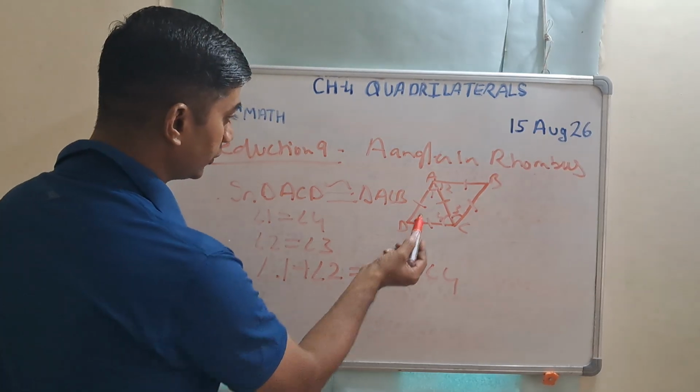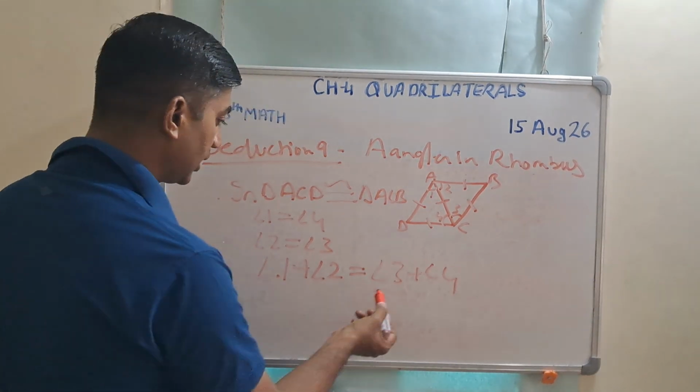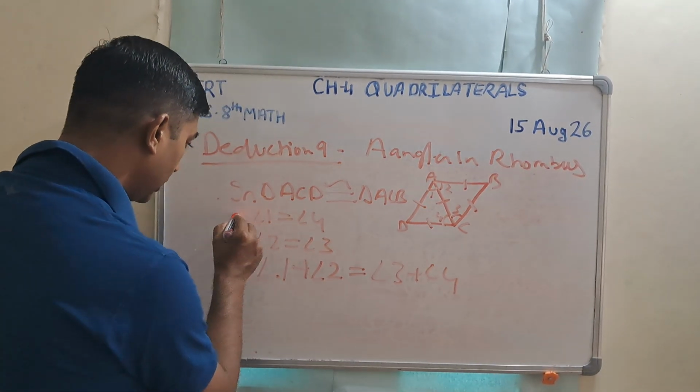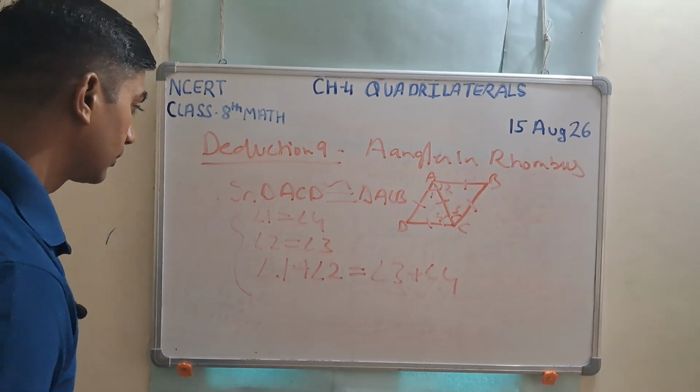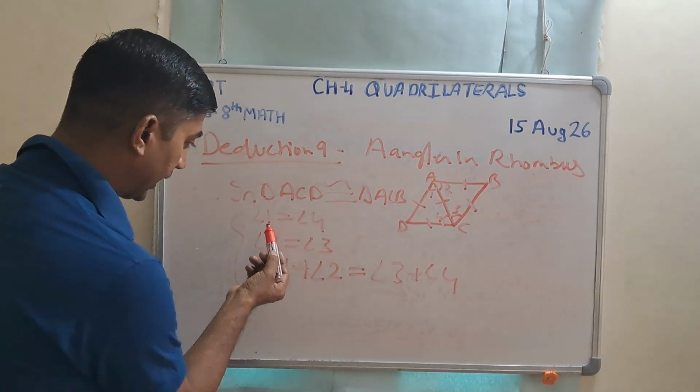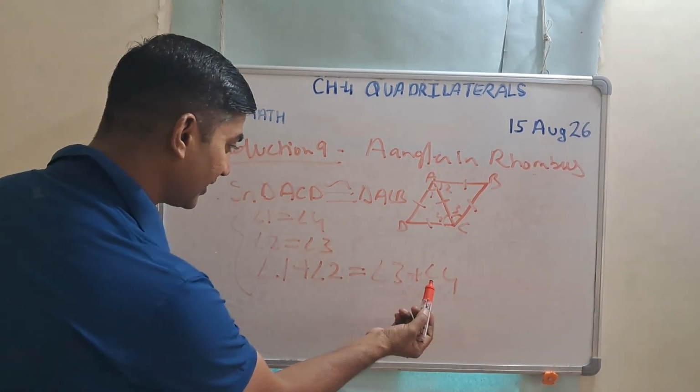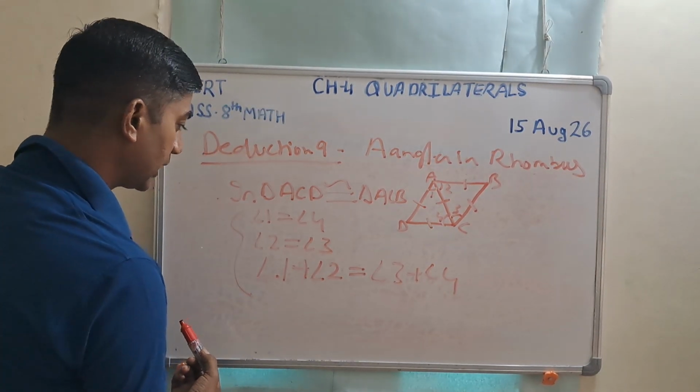Angle 1 plus angle 2 is equal to angle 3 plus angle 4, and with these we conclude that angle 1 is equal to angle 4. You can place it here, angle 4, right?